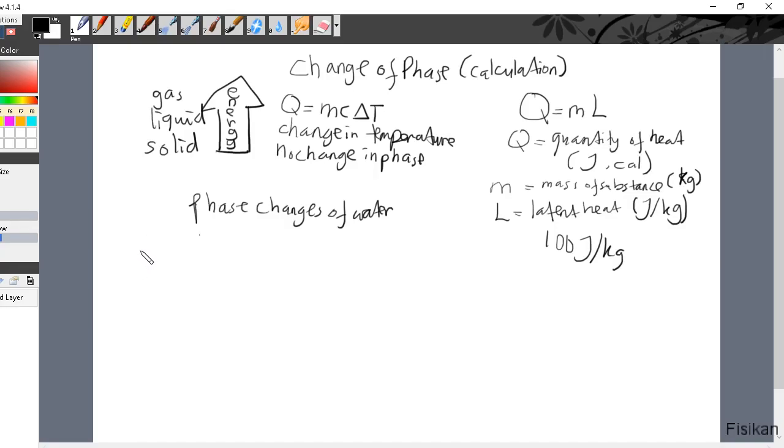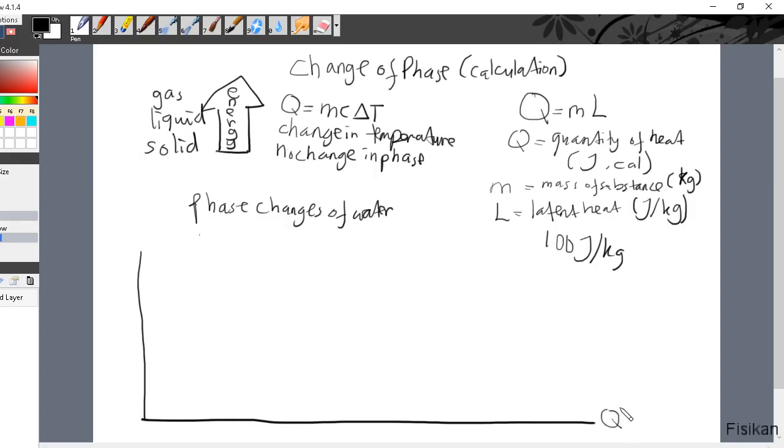So I'll draw a diagram here, X and Y, with X here as the amount of energy given to the substance, and the unit is in calories. And here on the y-axis we use temperature with Celsius degree as the unit.